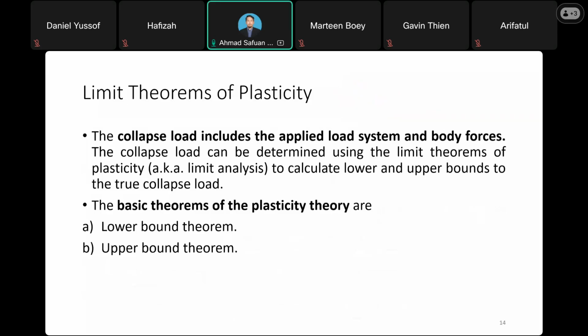So in order to estimate or determine the collapse loads, we need to use the upper bound and lower bound approach. They call it limit analysis.